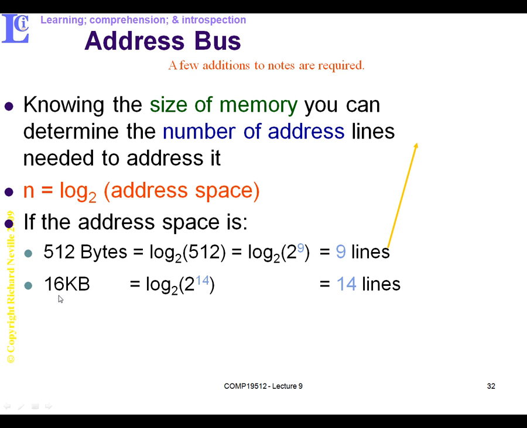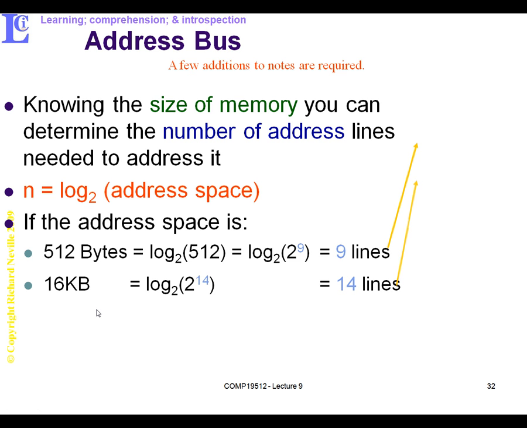So we're going to look at a 16K byte memory. This is, again, log to the base 2 of 16K, which is 2 to the 14, which gives us 14 address lines, or the number of address lines for a 16K memory is 14 lines.